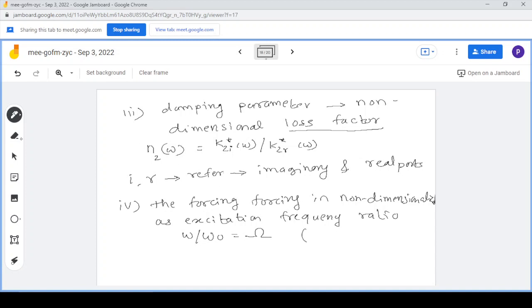So we have four different factors in our representation of the damped absorber design, right?